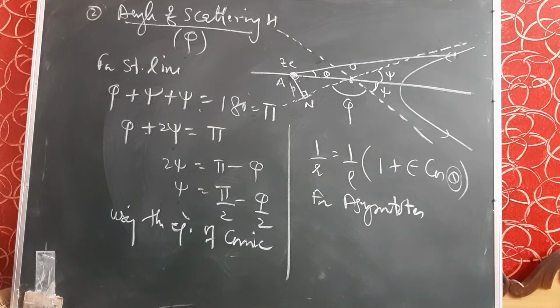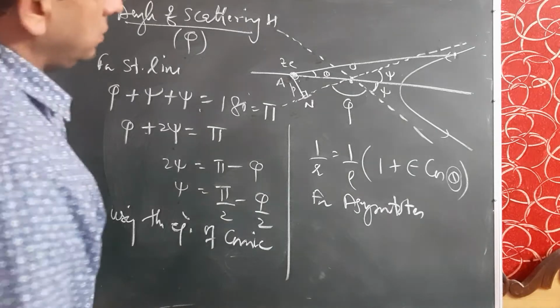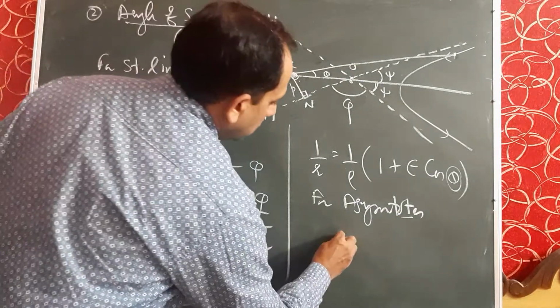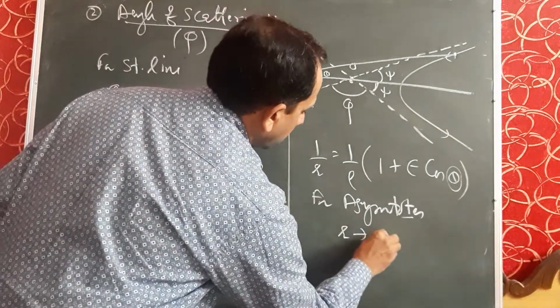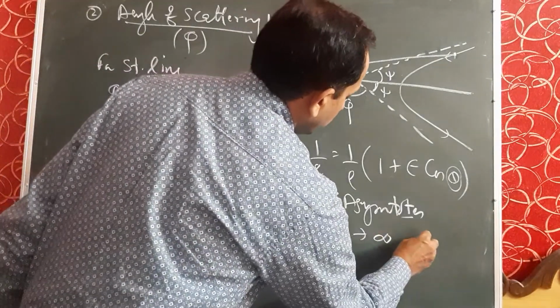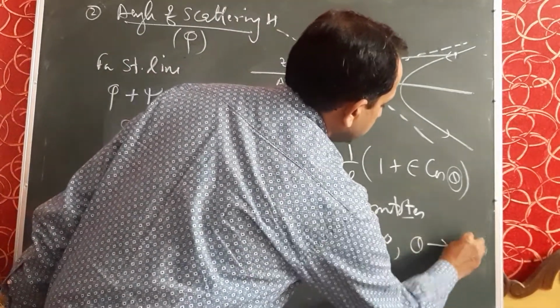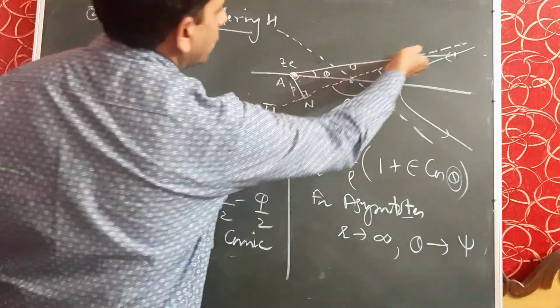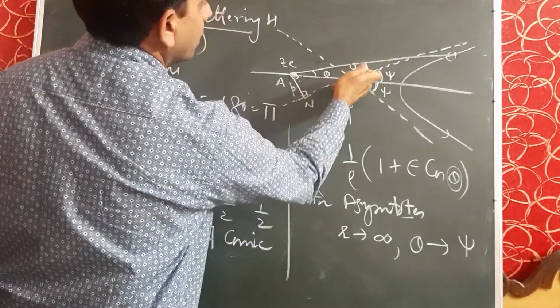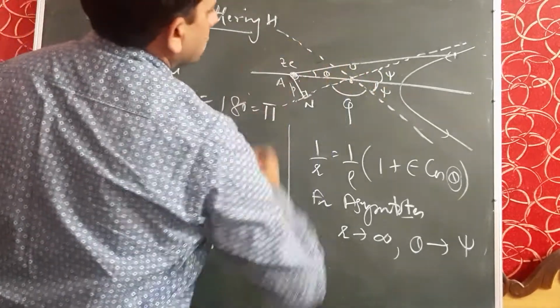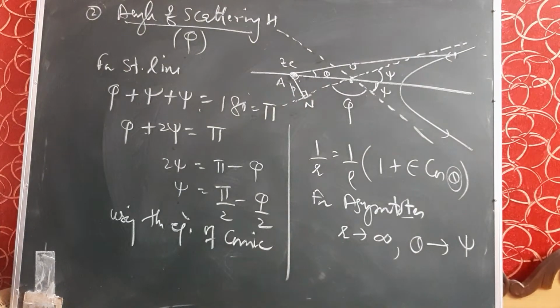So for asymptotes, the value of r becomes infinity, and the value of theta becomes psi, because these both lines become parallel. If both lines become parallel, then angle theta is the same as angle psi.